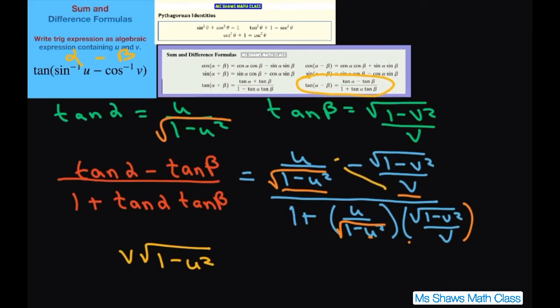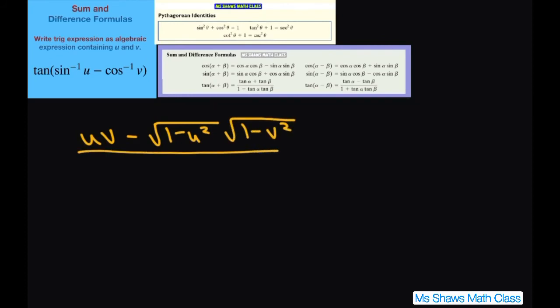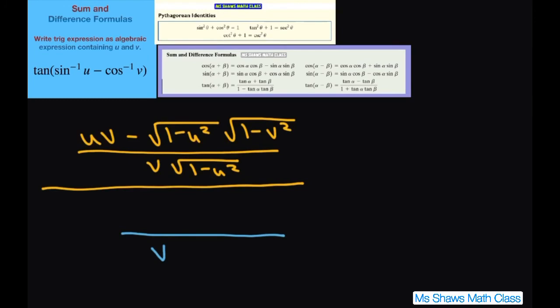That means we're going to cross multiply like that, and this is the same thing. So what we're going to get is uv minus the square root of 1 minus u squared times the square root of 1 minus v squared, over the common denominator v times the square root of 1 minus u squared. And then the same thing for the bottom: our common denominator was the same, v times the square root of 1 minus u squared.